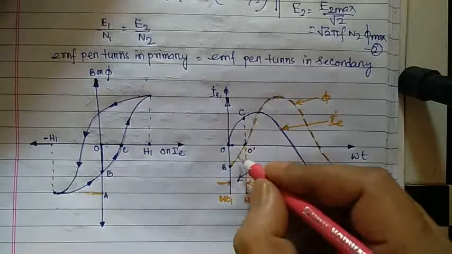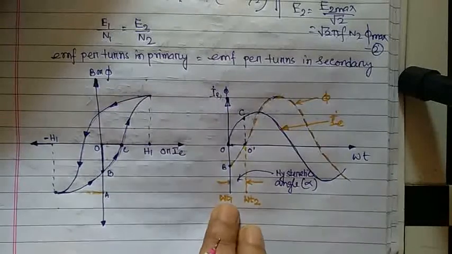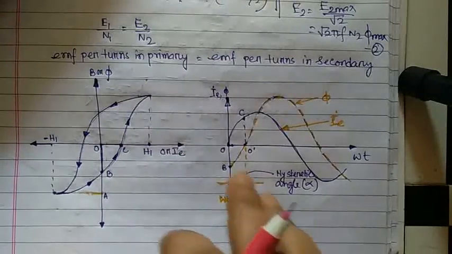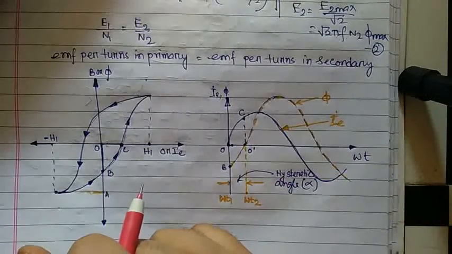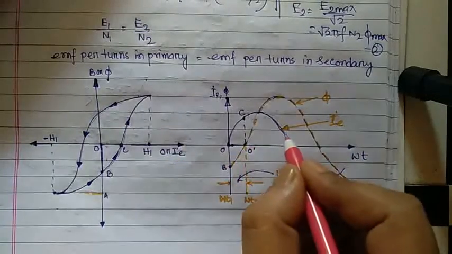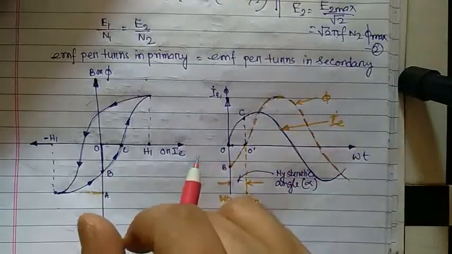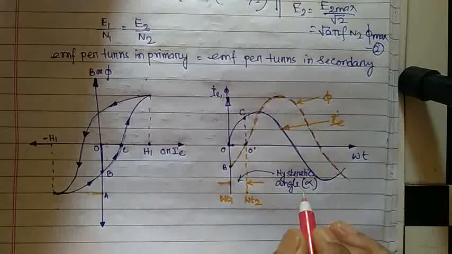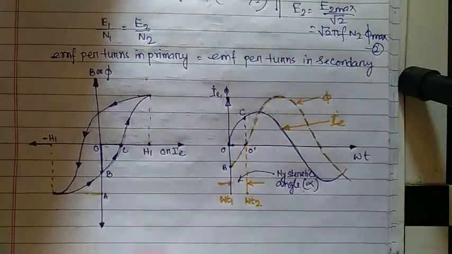So from this figure we take two instants, omega t1 and omega t2, and simply say that the exciting current leads the flux at an angle alpha. That angle is the hysteresis angle.